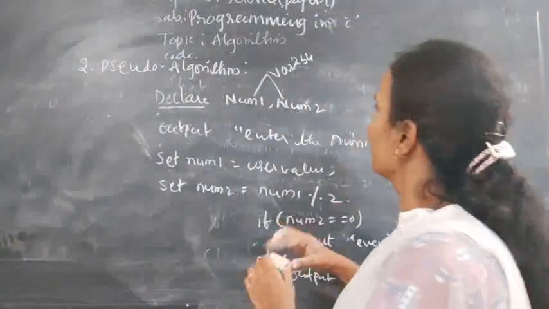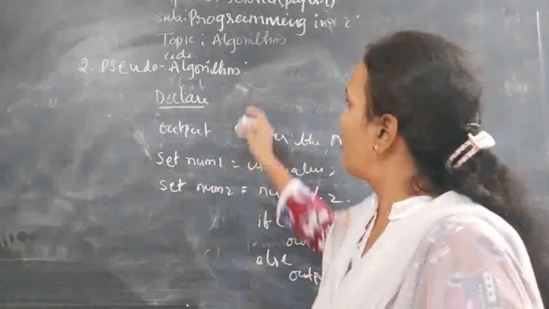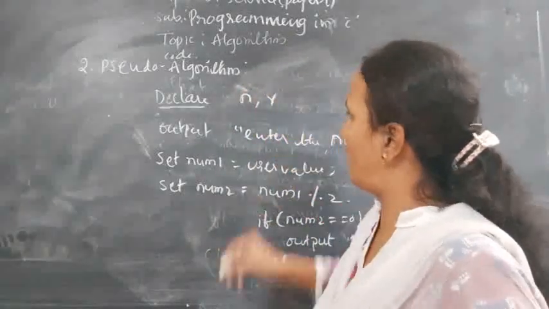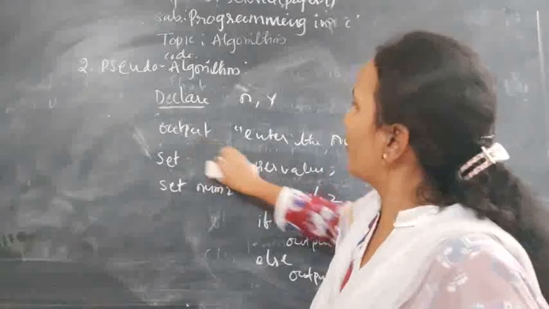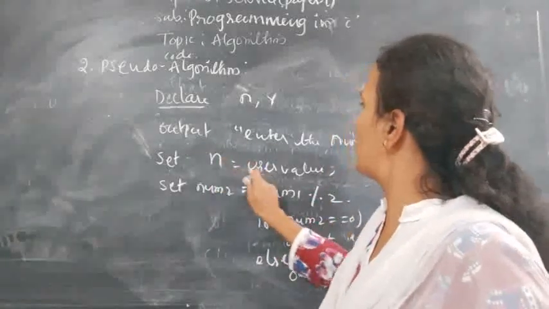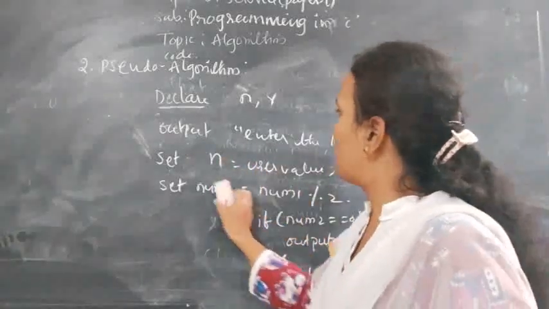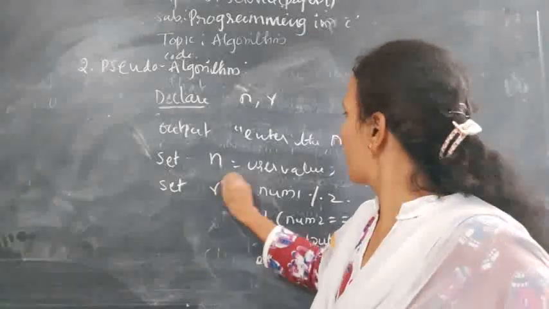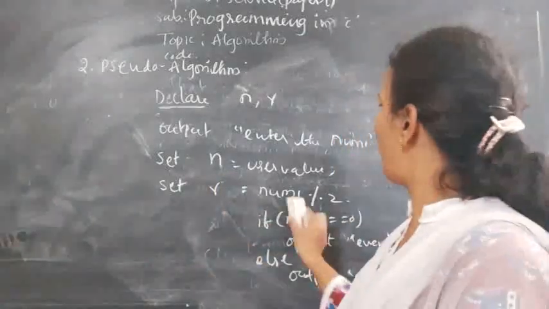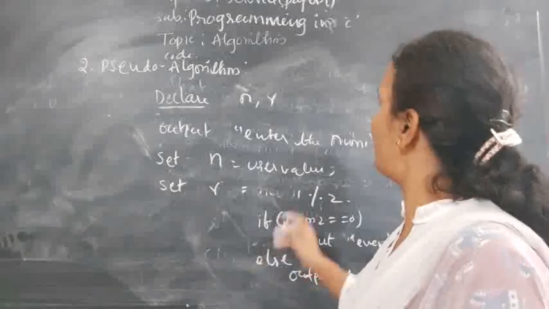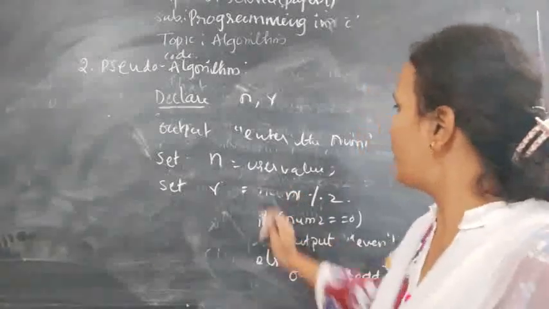Set, declare. In the previous example I gave, n comma r. So here set n equals user value. Next, set remainder. Remainder equals number. What is the variable here? n.